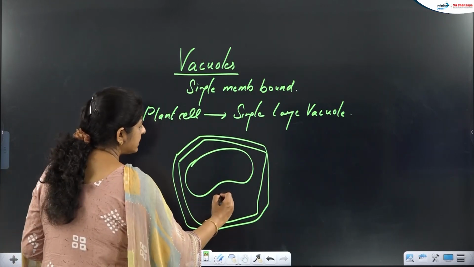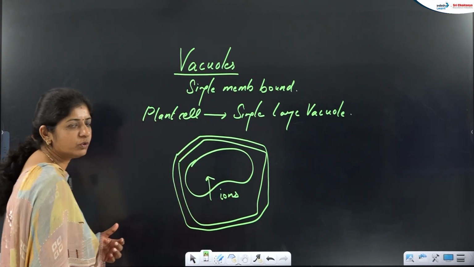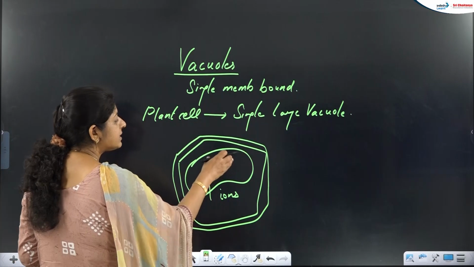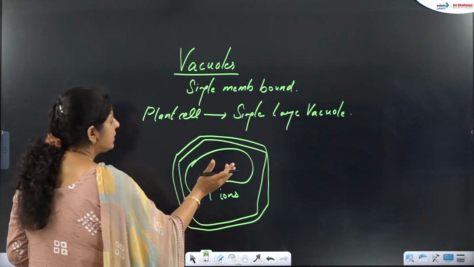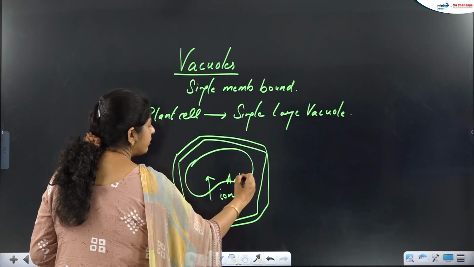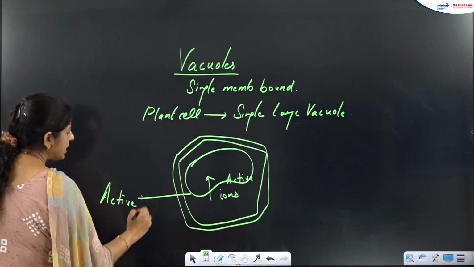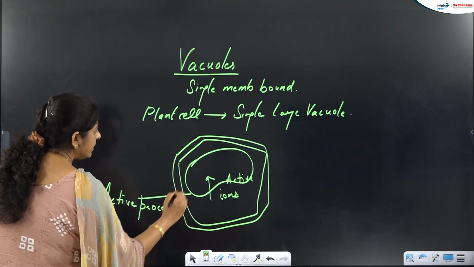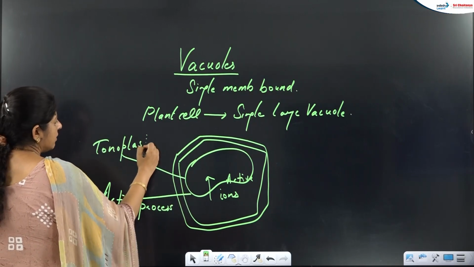Now whatever extra ions come, they try to come inside the vacuole, but the ion concentration is already rich inside the vacuole. So things are moving from low concentration to higher concentration by an active process. What is happening through that? The active process happens through a membrane which you call the tonoplast, right?